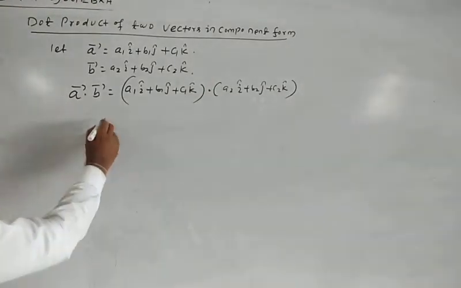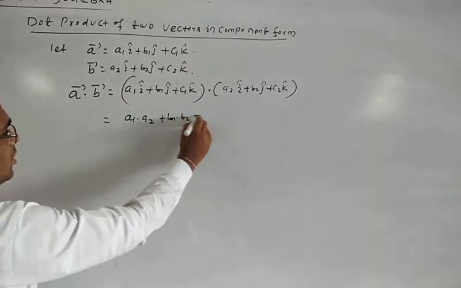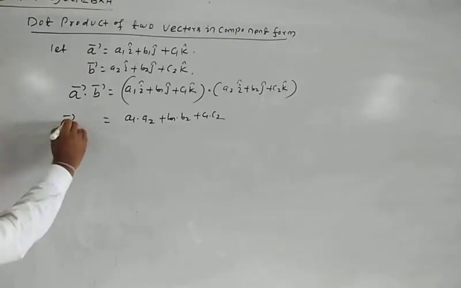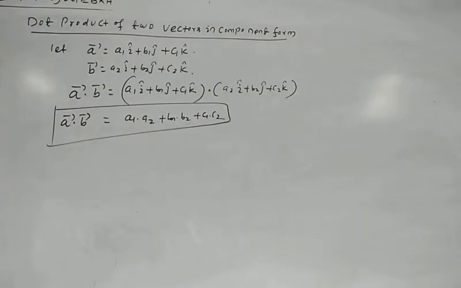So finally we get a1 a2 plus b1 b2 plus c1 c2. Therefore a vector dot b vector is equal to a1 a2 plus b1 b2 plus c1 c2, which is the dot product of two vectors in component form.